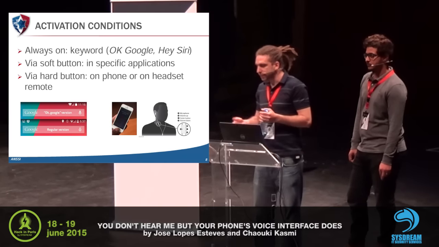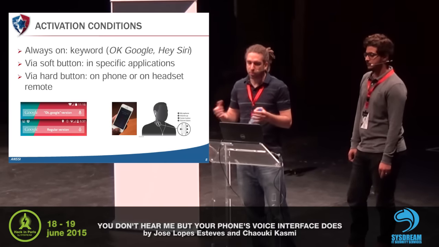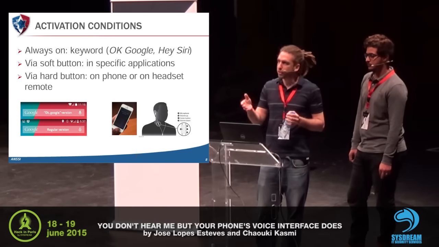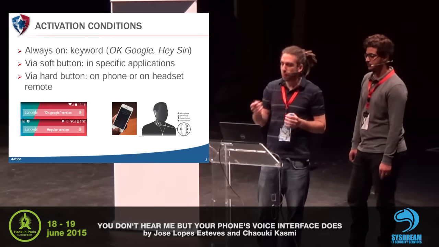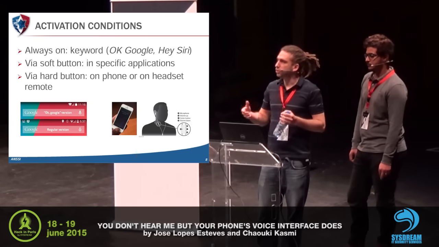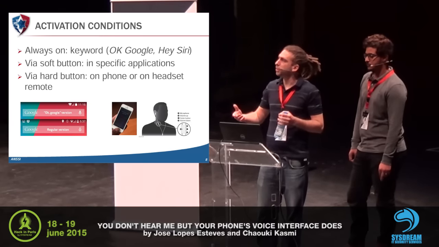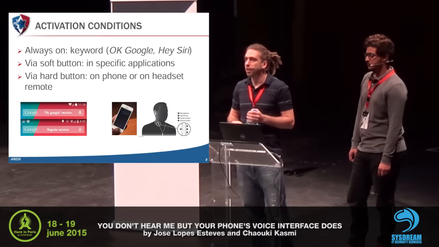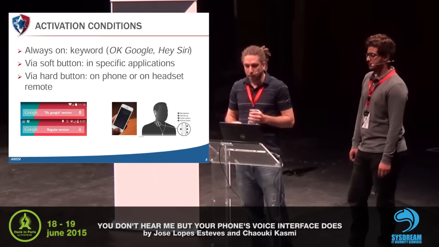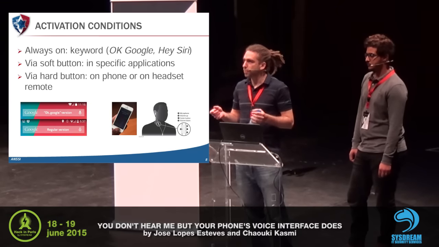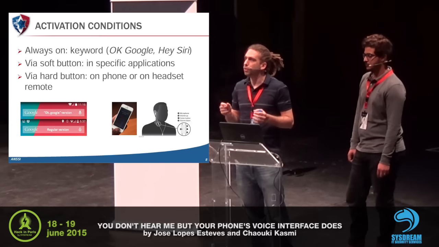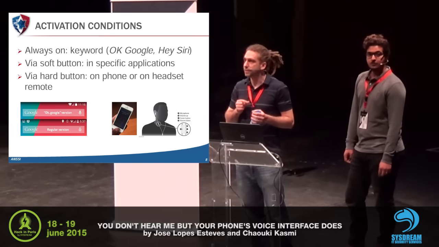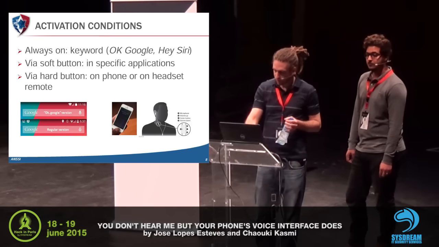When it's not the case, you can launch the aforementioned applications, or you can also enable the voice command interpreter by pressing a hard button. So, for example, you can use the home button on iPhones. And more interestingly, you can also use the main button on the remote of the headset.